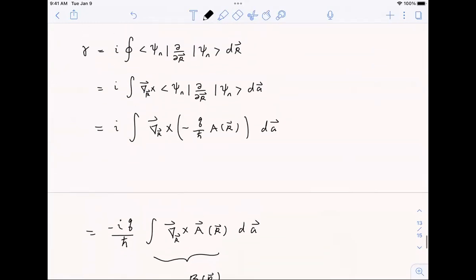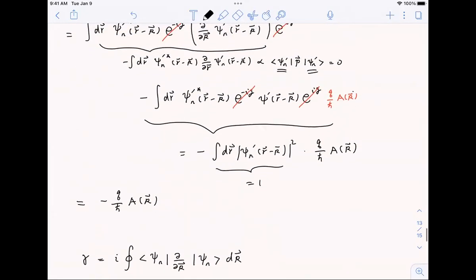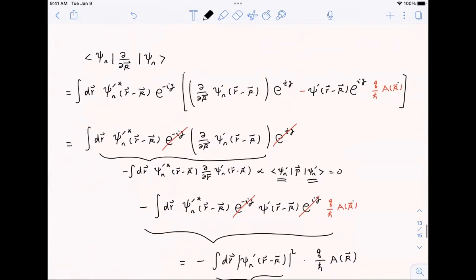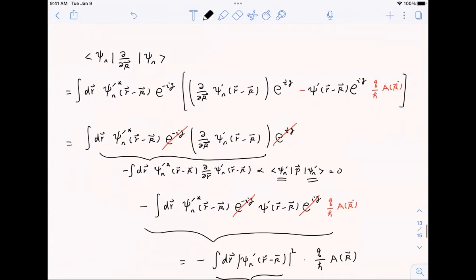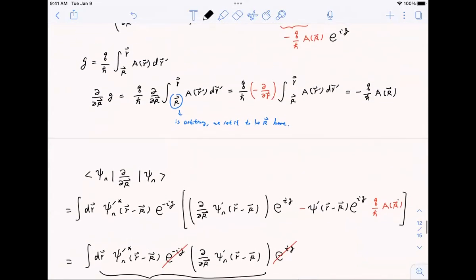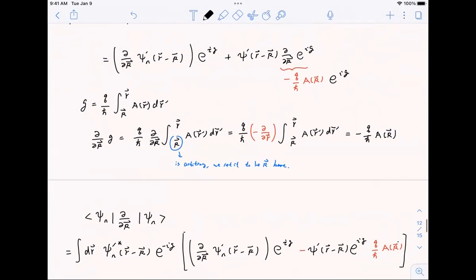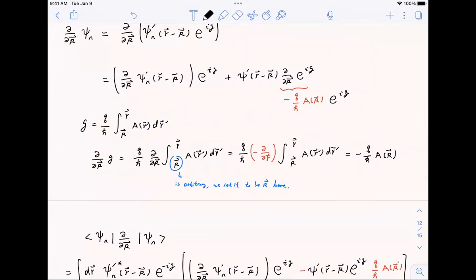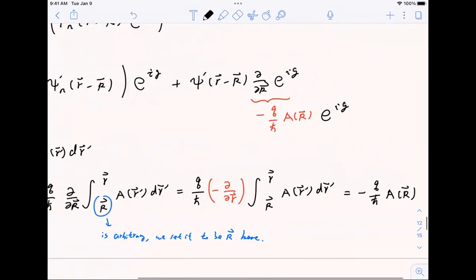So this whole thing will be i q. I'm missing an i somewhere. I see. There's an i here, because this thing becomes i derivative G. I'm missing this i all the way.